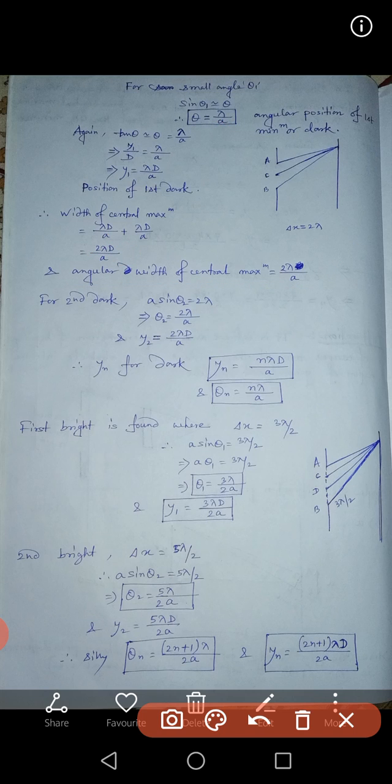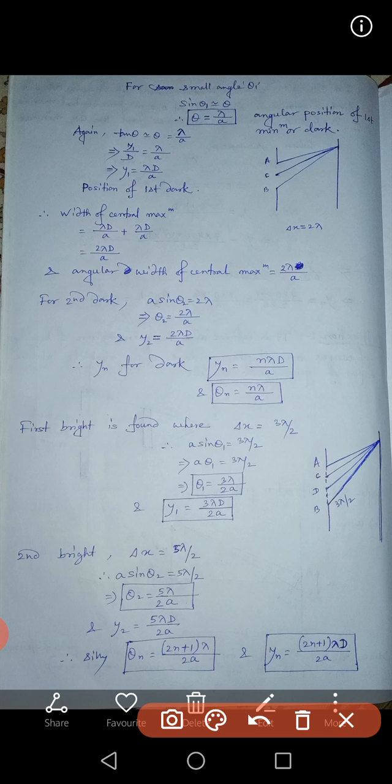Fine. So what did we get till now in diffraction? We got the position of the first minimum, first dark. Then we got the central maximum, and the width of the central maximum. We got the angular position and linear position of the first minimum.